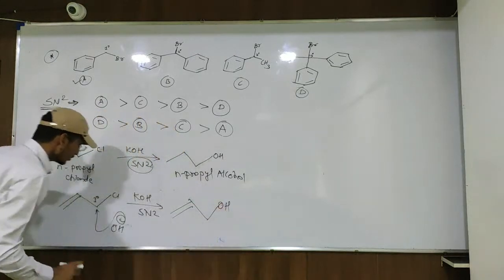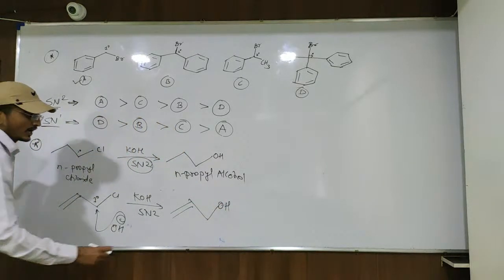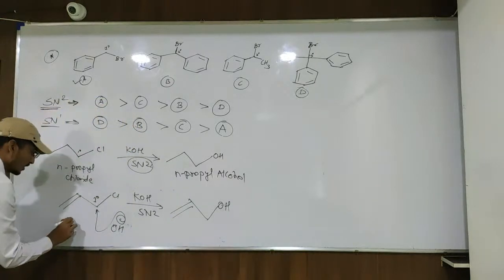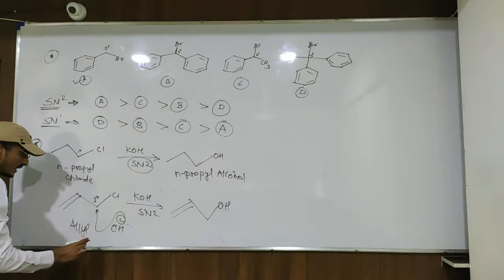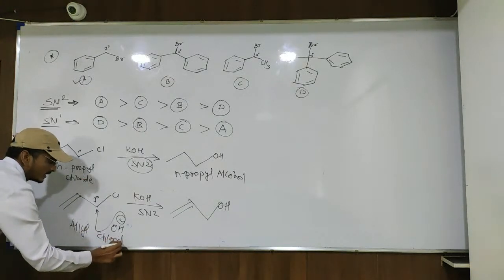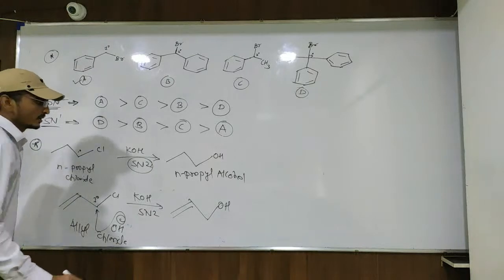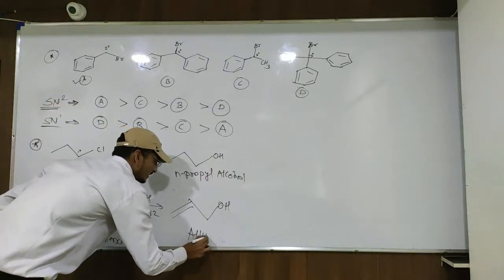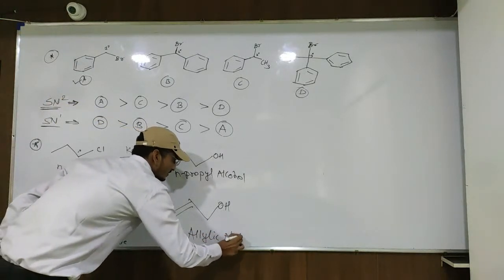So this is the allylic chloride, and you will get the allylic alcohol. No doubt, the reaction condition decides whether the reaction goes through SN1 or SN2. So these are some examples.